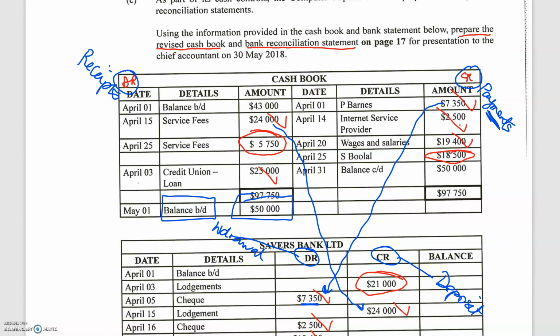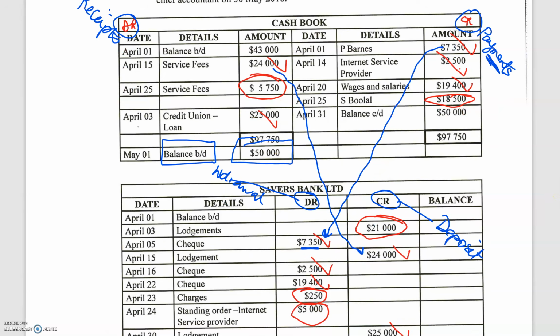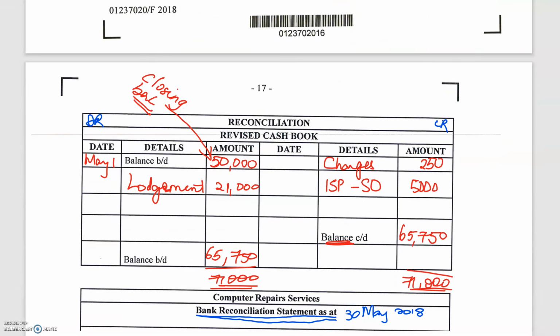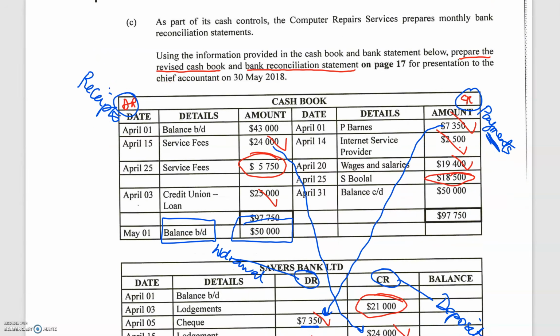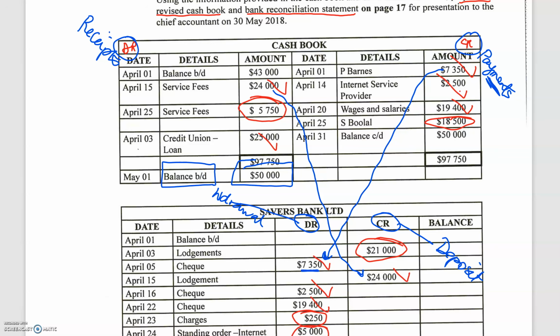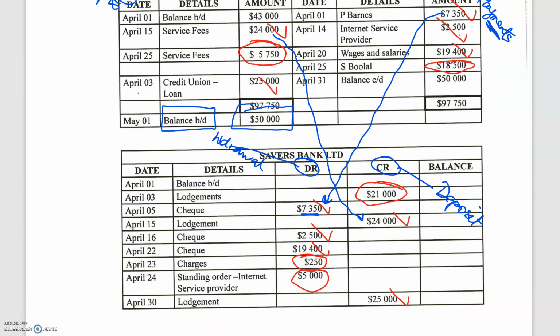So now let's go to the bank reconciliation statement. We start with our bank reconciliation statement as at 30th May 2018, because they asked us to prepare the bank reconciliation statement on 30th May for the accountant. In determining what goes into the bank reconciliation statement, we have to look at our circled items.